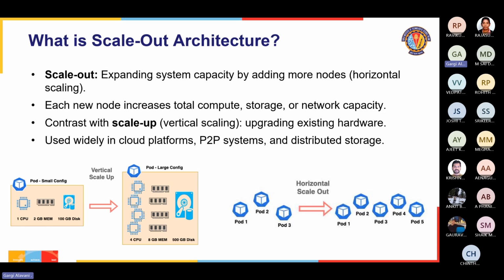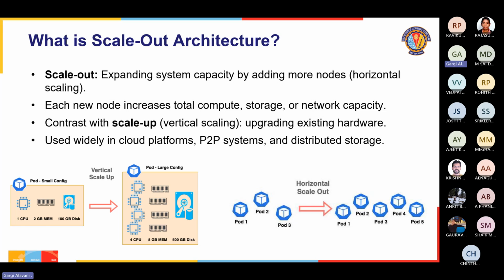P2P systems that we've seen so far are heavily relying on scale out rather than any vertical scale. Whereas scale up is basically improving the performance or upgrading one machine, adding more CPU cores, maybe more RAM, extra storage. It is powerful, but it is expensive and limited. Scale out increases capacity by adding more nodes.